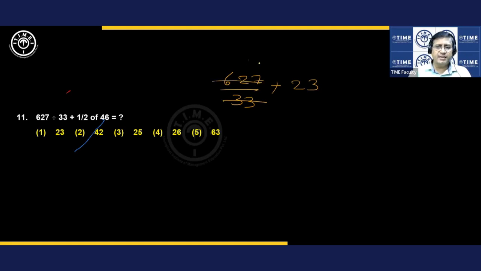Here it goes exactly 19 times. The sum of 19 and 23, that is 42. So what is the sum of these two numbers? 19 and 23, that is 42. Option number 2. Second choice is the correct answer.